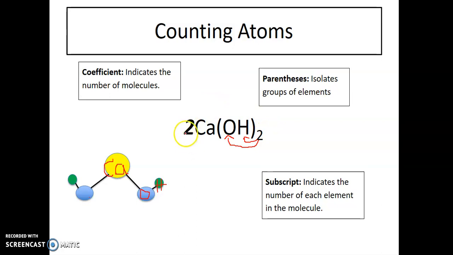Notice though, this lovely coefficient tells me that I have 2 of them. That means that I multiply everything in here by 2. Okay, so 2 calciums, 1, 2. Now, 1 molecule has 2 oxygens. Now that I have 2 molecules, now I have 1, 2, 3, 4 oxygens, and the same for hydrogen.